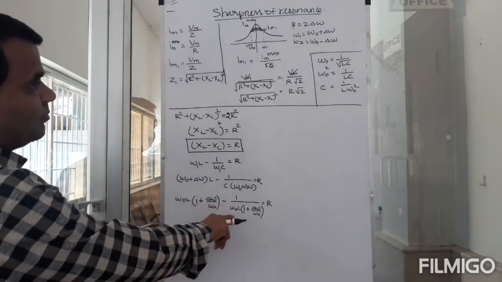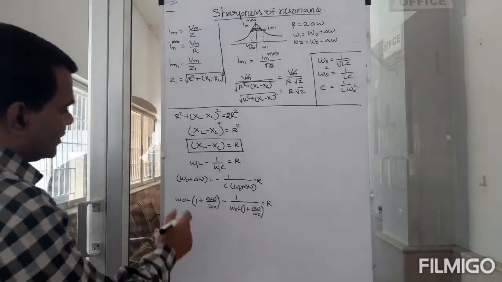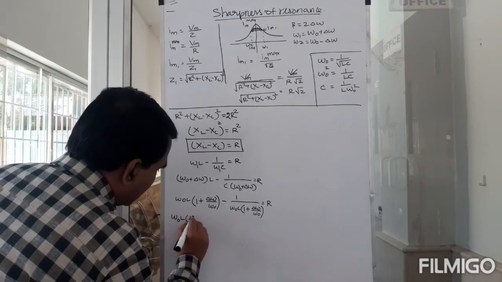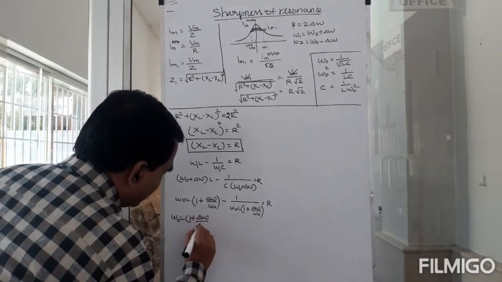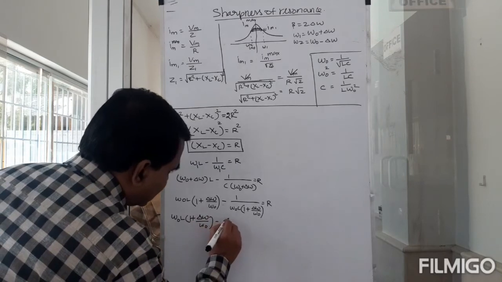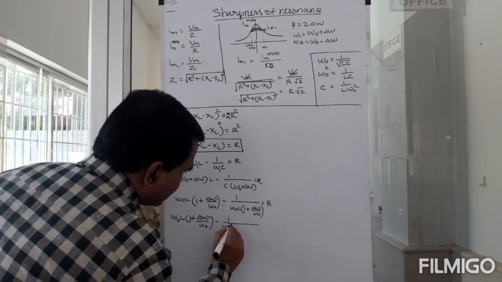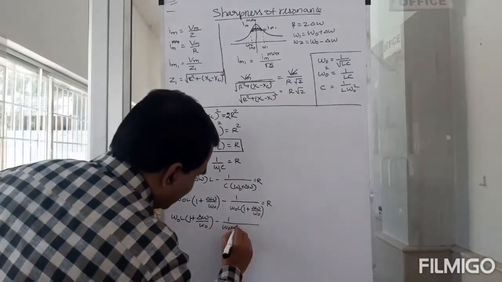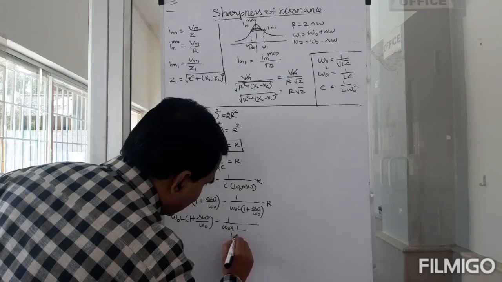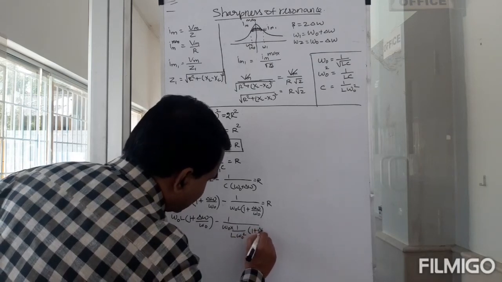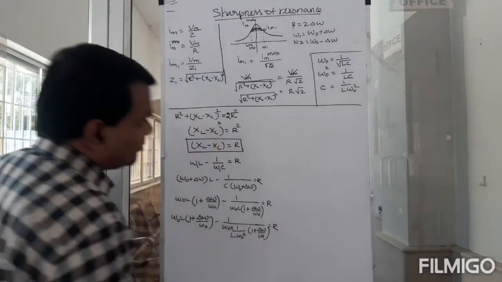So that will give me omega naught L into 1 plus delta omega by omega naught, minus 1 by omega naught into, for C, 1 by L omega naught squared, multiplied by 1 plus delta omega by omega naught, is equal to R.